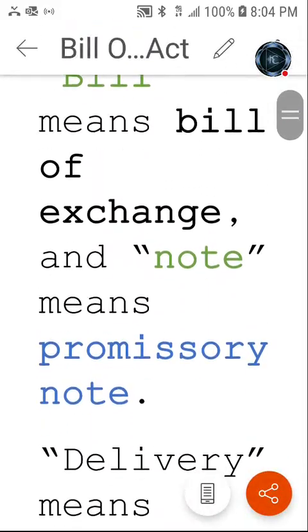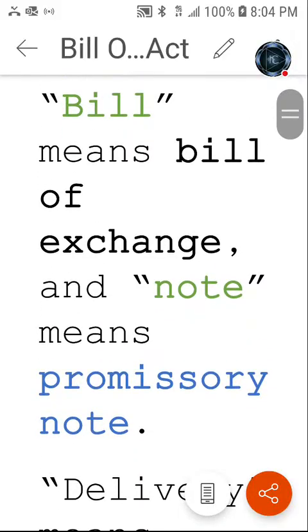He's like the bailiff, the postman. Talking about bills. Bill means bill of exchange. Also means note. It says note means promissory note.